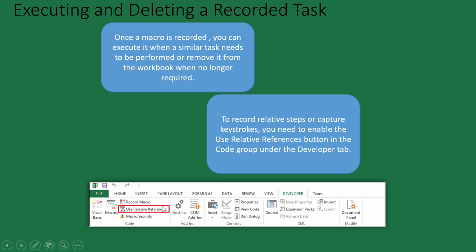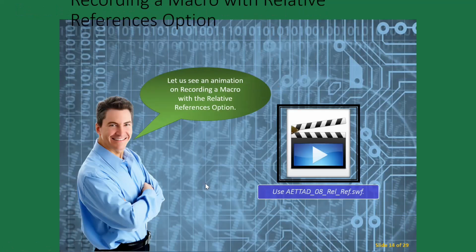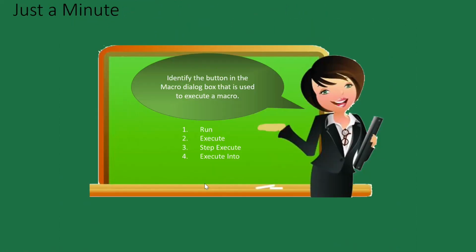So you can see the Use Relative References option. We're going to enable the Developer tab as well, I'll show you. Identify the button in the Macro dialog box that is used to execute a macro. You can run, step into, or edit, and obviously the Run option is the one used.